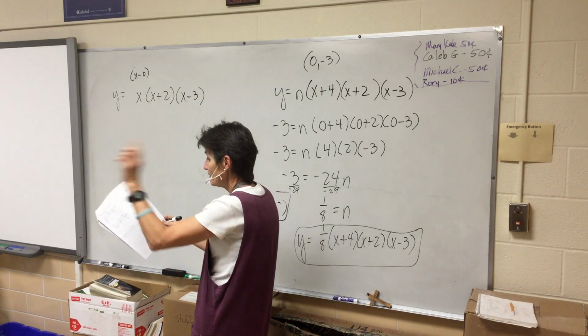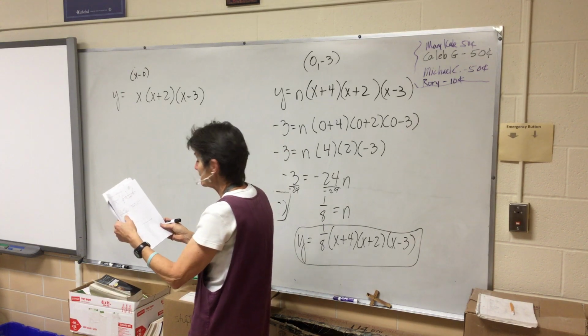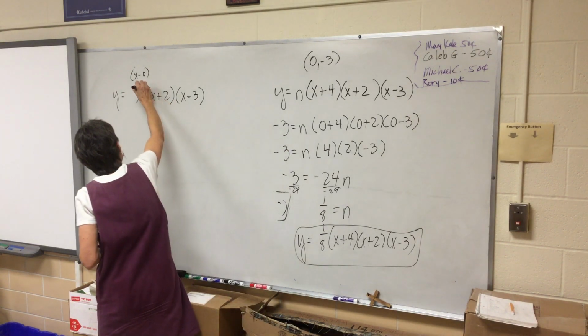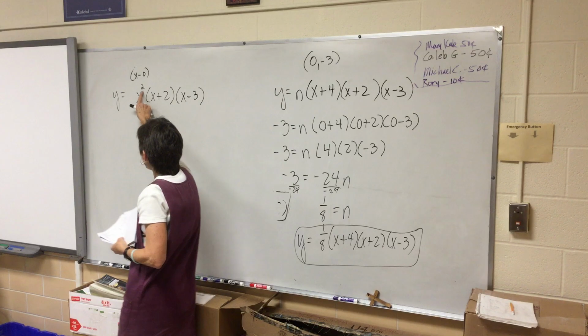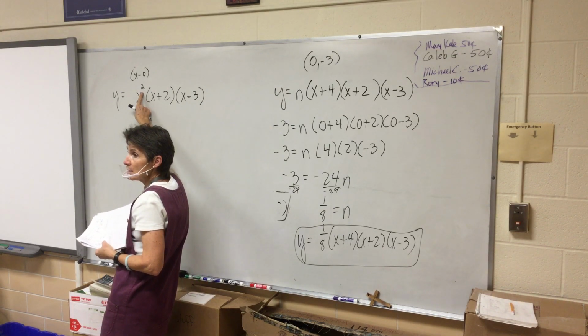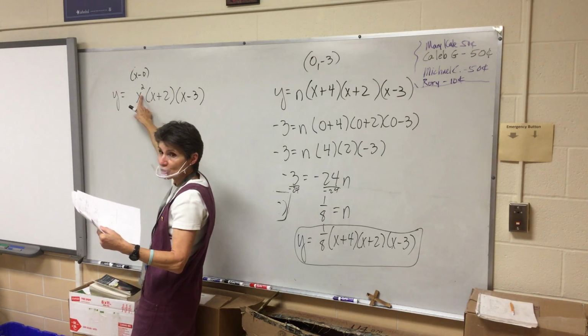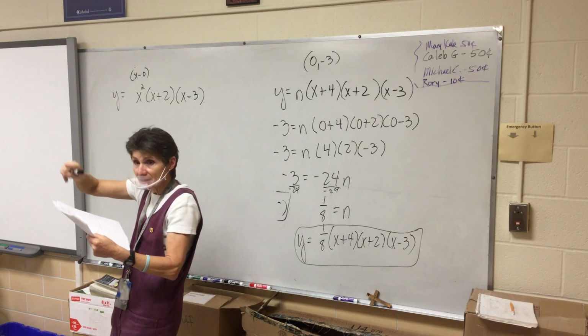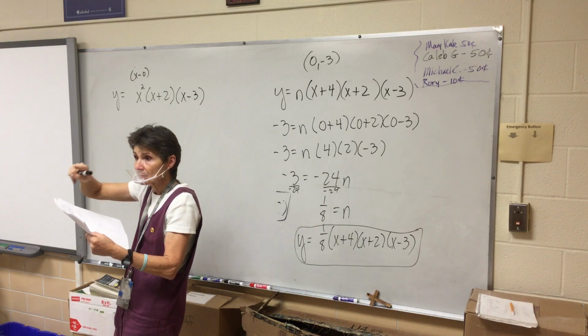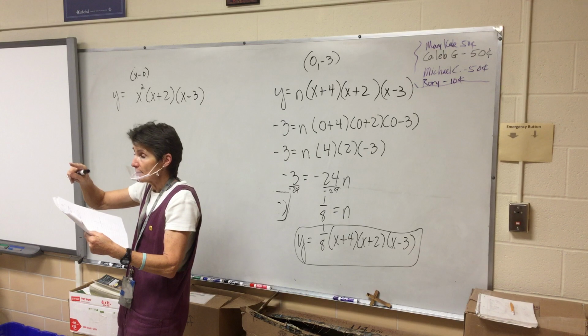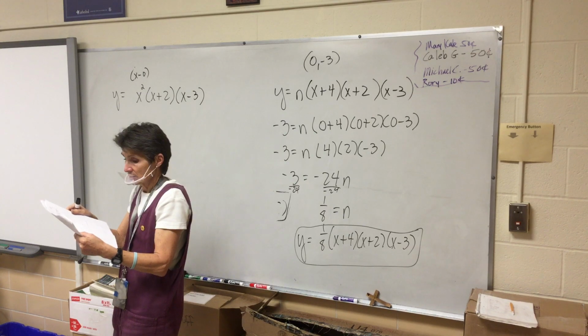Now, Vincent has already indicated that this needs to be squared. That needs to be squared. Because if you look at your picture, aren't you bouncing there at the origin? Are you bouncing anywhere else?